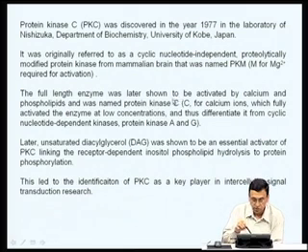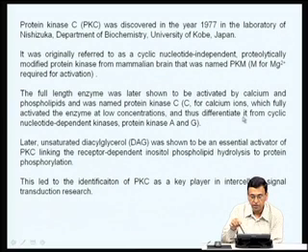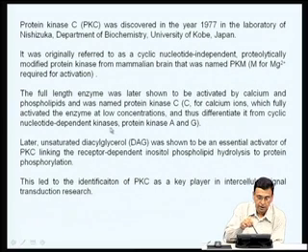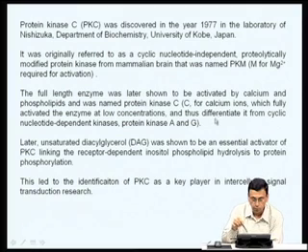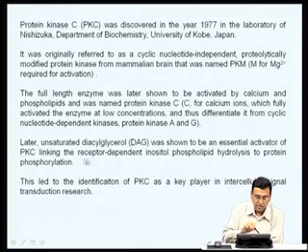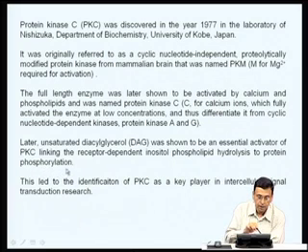The enzyme was named protein kinase C primarily to differentiate it from the cyclic nucleotide dependent kinases like protein kinase A and protein kinase G, which refer to the cyclic AMP dependent and cyclic GMP dependent protein kinases.